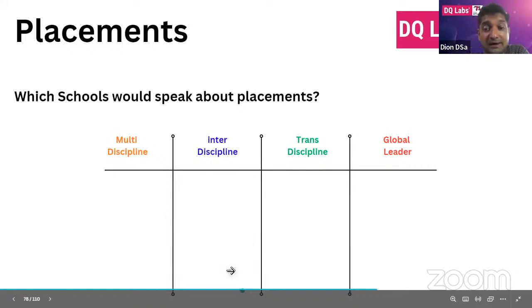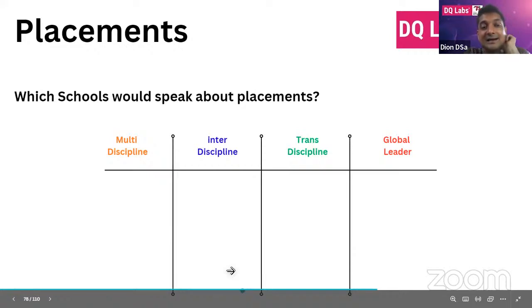Definitely the global leaders would do that, right? The global leaders, for them, they need to talk that their students got placed in Louis Vuitton and Dolce Gabbana and all these companies, right? So the two extreme ones, multidisciplinary and global leaders, they would talk about placements, right?